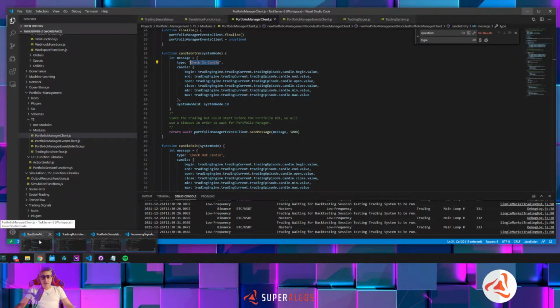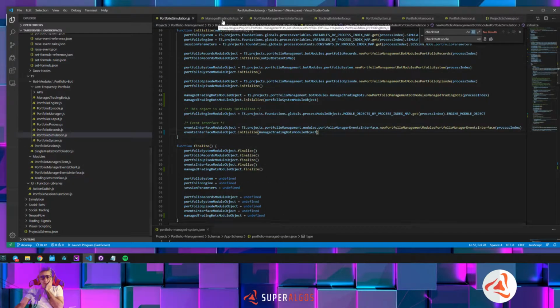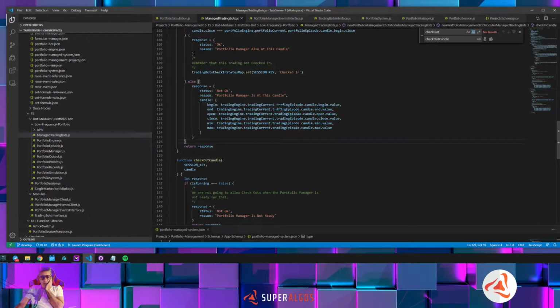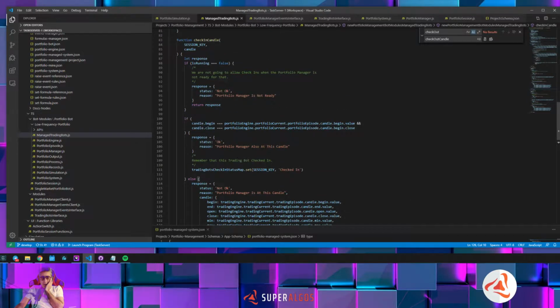Here we have, well, let me locate the places. Okay, here we have the portfolio bot, portfolio simulation. This is the last module we were doing, manage trading bots, where the synchronization happens.